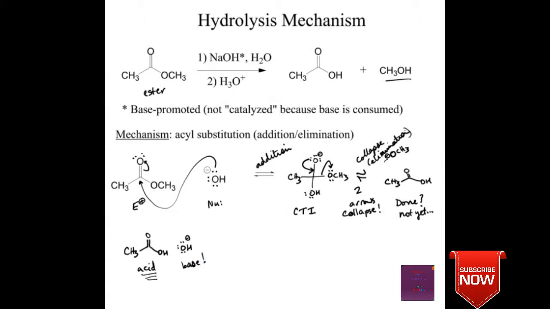What I hinted is that every single time you see a carboxylic acid and you're around base, you will have a deprotonation. That is a very favorable reaction. So what's going to happen is we are going to deprotonate, very much favored in the forward direction here, and we'll get the carboxylate.